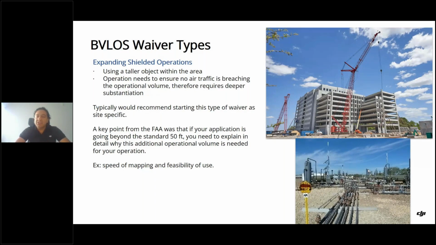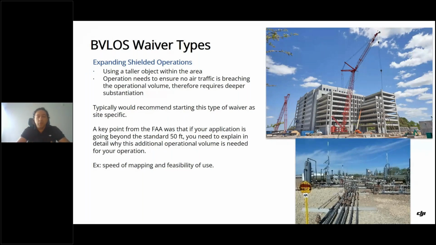But you need to substantiate properly and in detail all your operation. The ultimate goal here is to show FAA that your operation is safe. So 50 feet is intrinsically considered safe, as other aircraft are not going to fly that low.